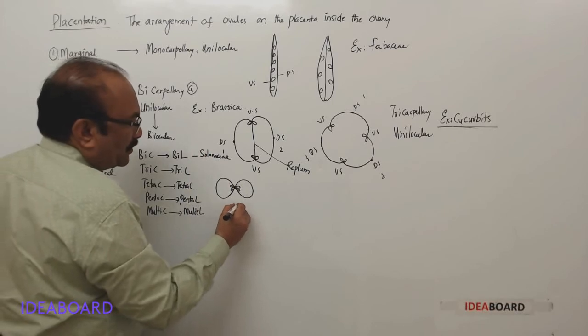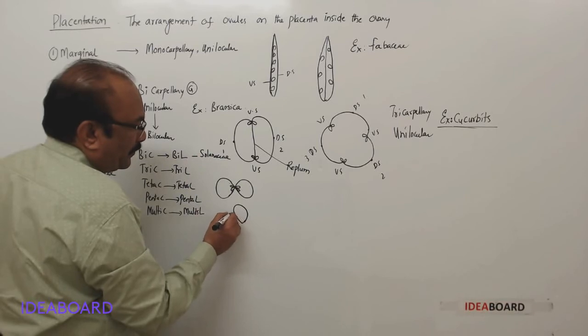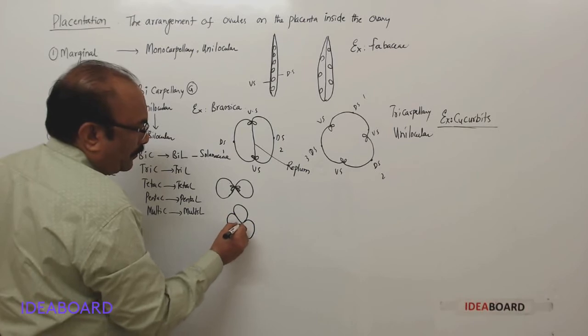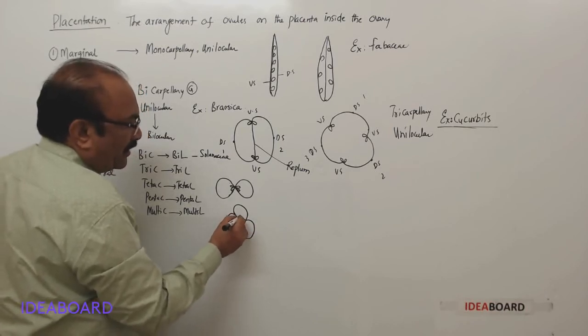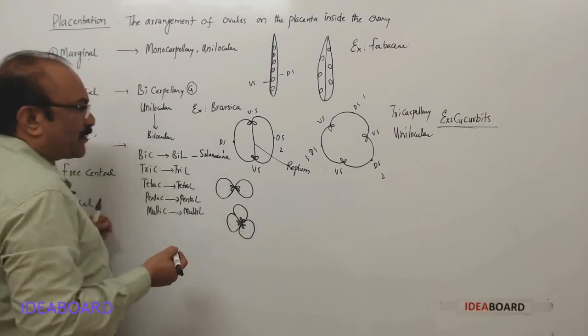And suppose if you take Liliaceae, you can see it is tricarpellary, trilocular, and the ovules will develop here, and all ventral sutures formed one axis. That's why it is called axial placentation.